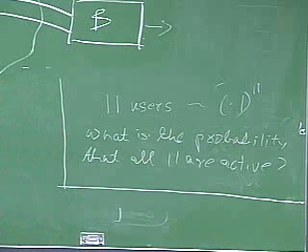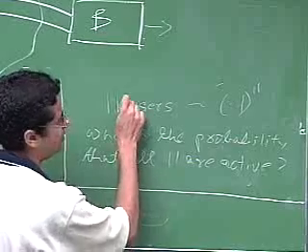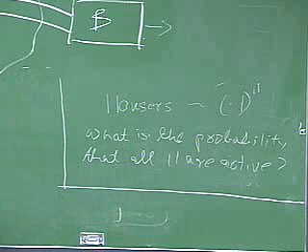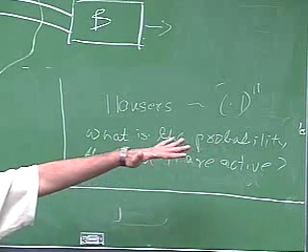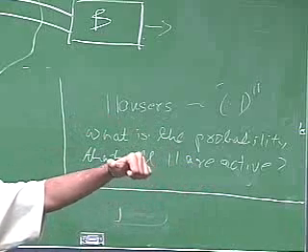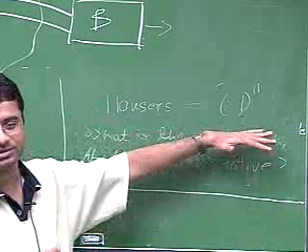What if you had 110 users? Would this probability increase or decrease? Increase. So how would the expression change?